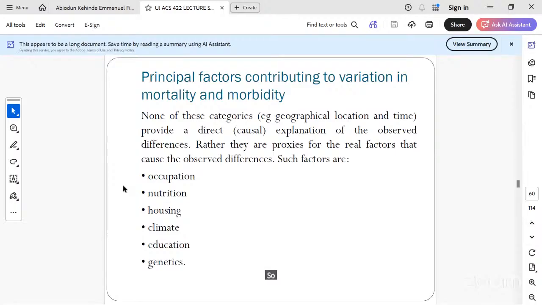So another factor is nutrition. You will notice that babies that are malnourished have stunted growth. You have them having very tiny arms, tiny legs. Their stomach might be protruding, and they look very, very haggard.